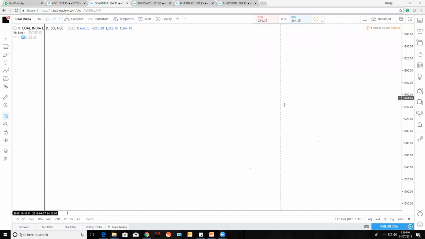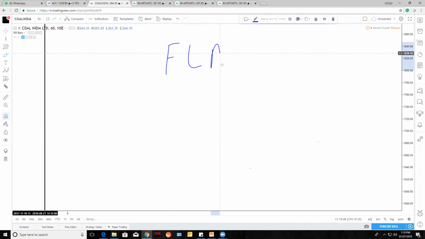Now we will see flat correction only, in detail. In a flat correction, what is the structure? It's a 3-3-5 structure. You all know this.